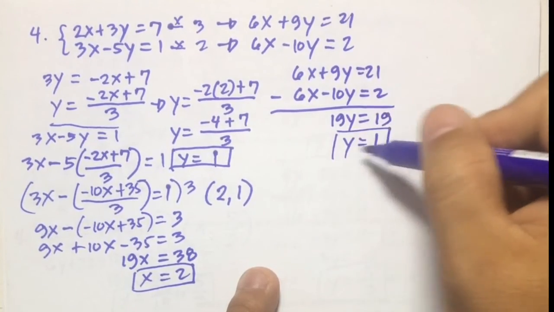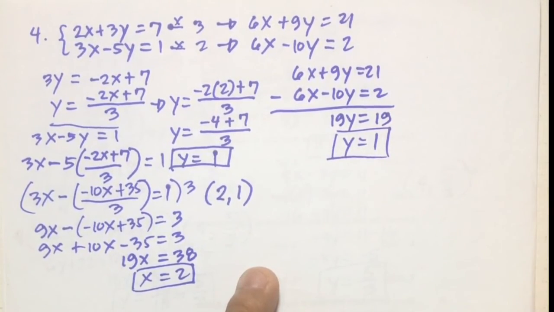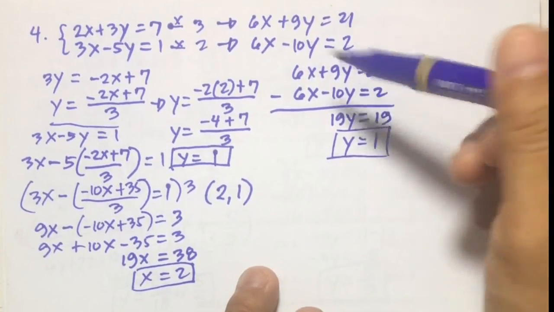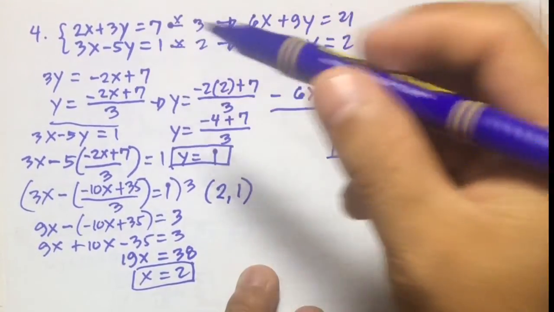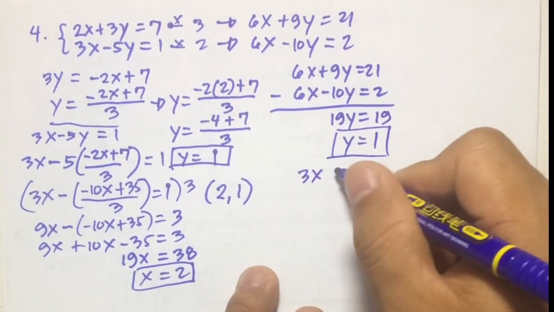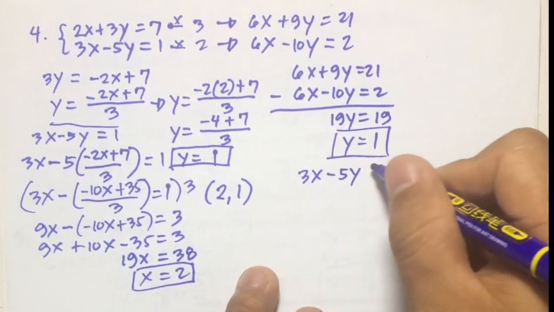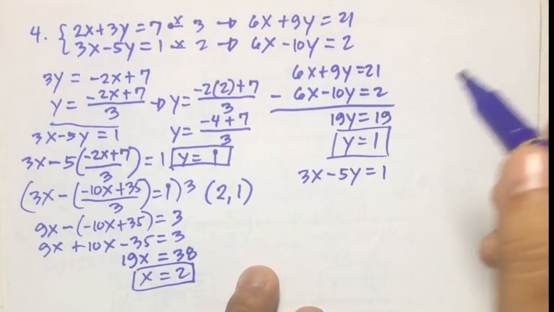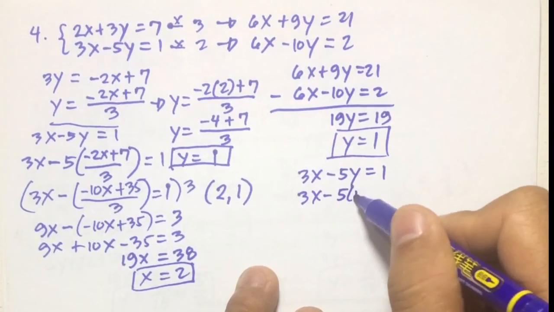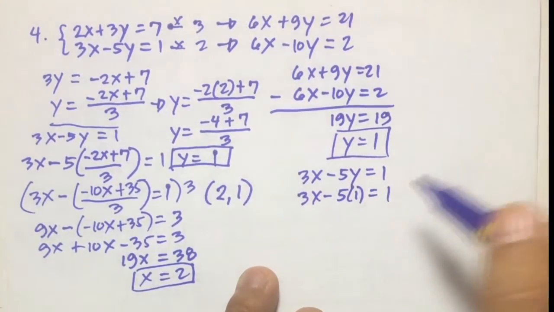So y equals 1. What we're going to do next is substitute the value of y equals 1 into either of the two. So let's use equation 2. So equation 2 is 3x minus 5y equals 1. Then y equals 1, so we're going to have 3x minus 5 times 1 equals 1.